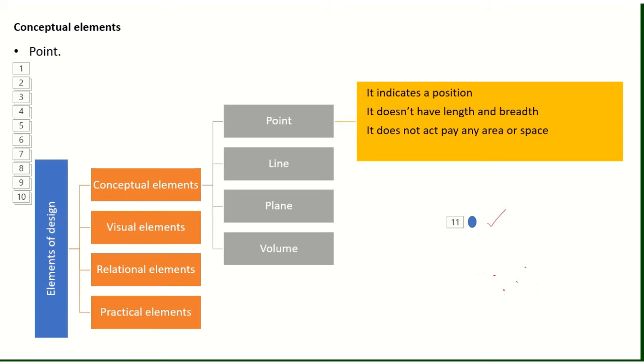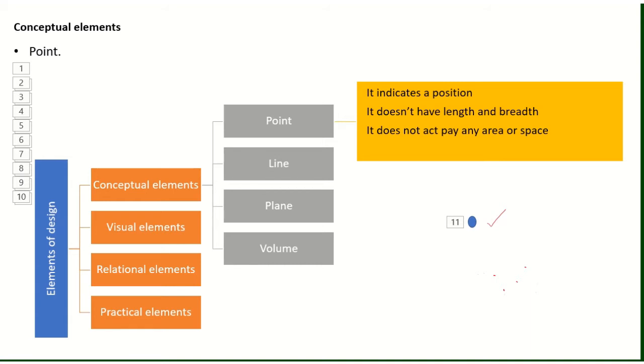Of course, it does not have any area or space. These are some of the properties of a point from the designer's perspective. It is the beginning and end of a line, in other words we can define it.